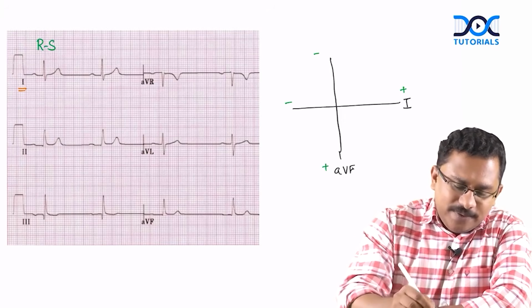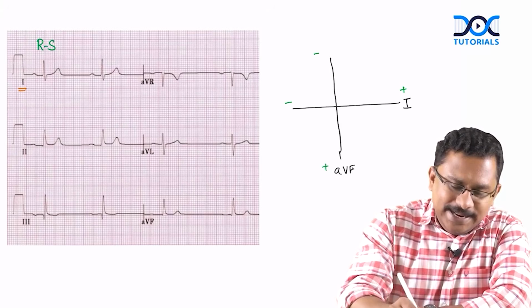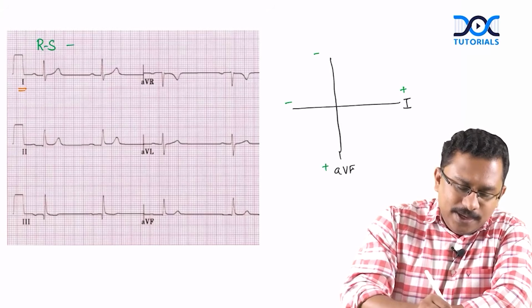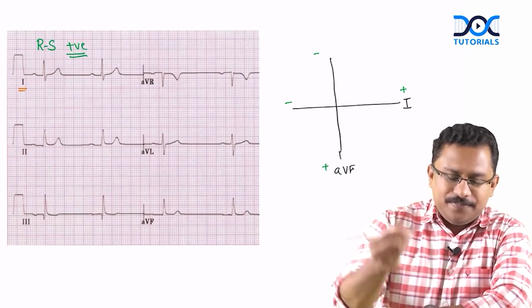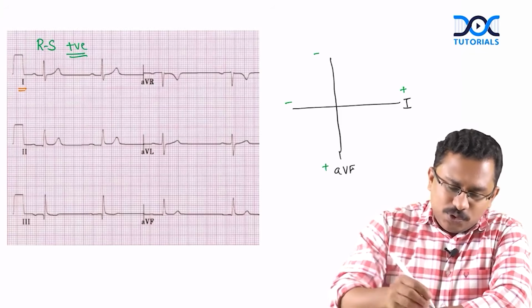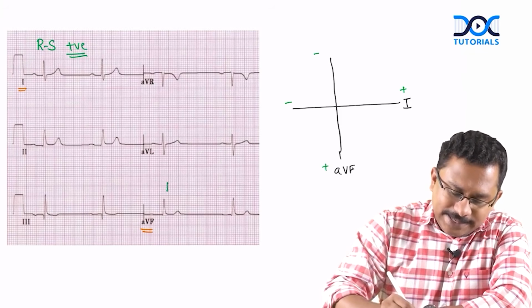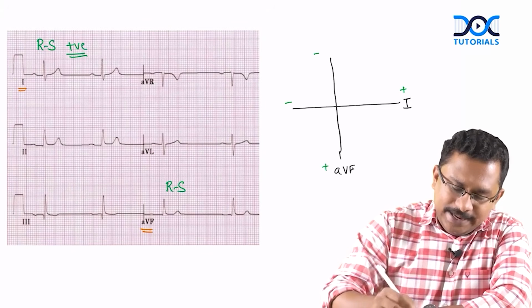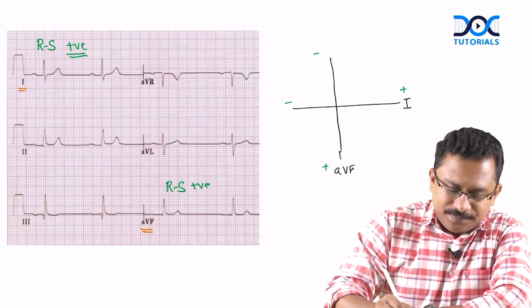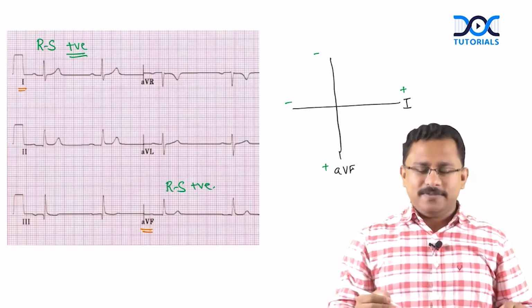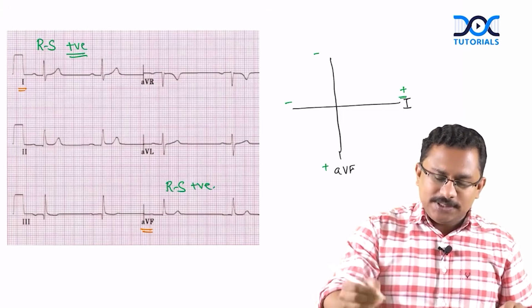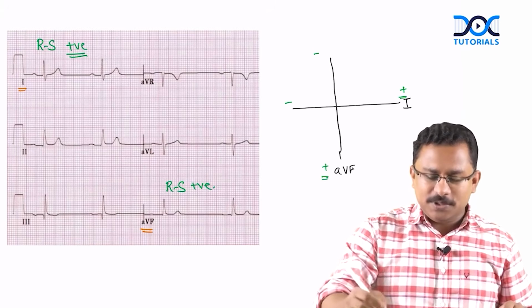Here the R minus S in lead 1 is a net positive. When it comes to lead AVF, the R minus S is again a positive deflection. So lead 1 is positive, and AVF is also positive.